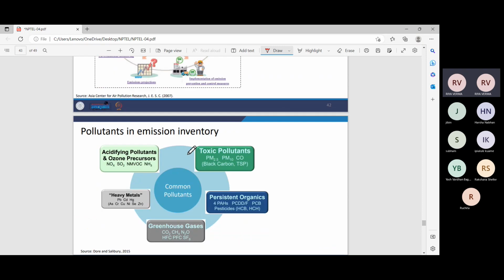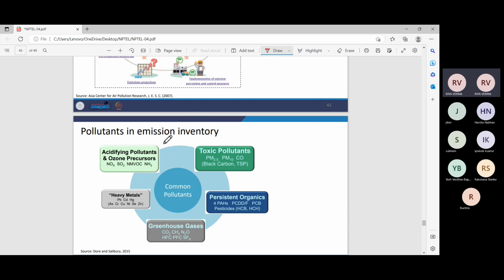So these are the common types of pollutants that are there in emission inventories. First is your acidifying and ozone precursors. These include SOx, NOx, VOCs, and ammonia.